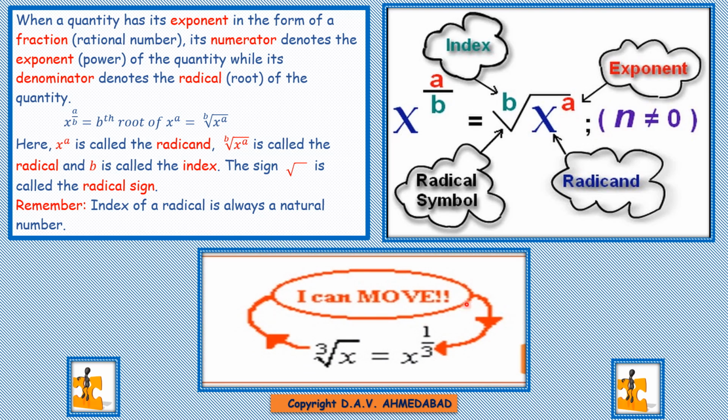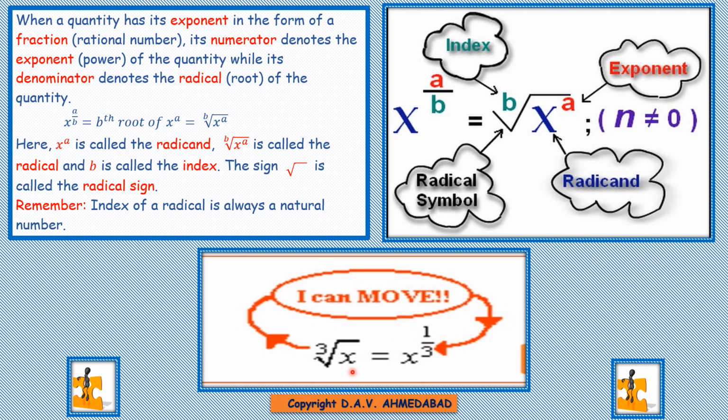Now see, this is the radical sign, meaning cube root of x. This is called the radical form, and if you do the reverse, then this is the exponential form.